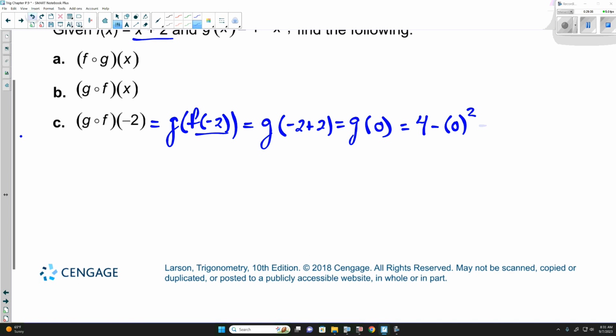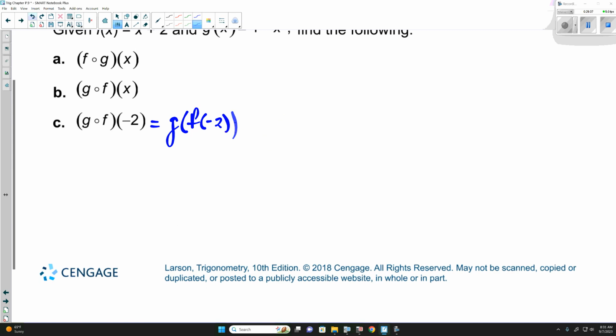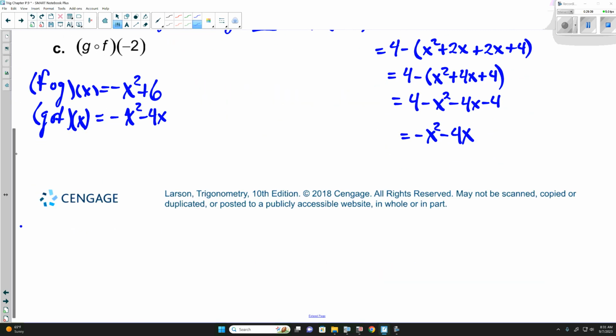Now, I'm going to back up a little bit, because if I'd have come down here and done g of f of negative 2, we would have said negative 2 squared minus 4 times negative 2. Well, our negative 2 squared is positive 4.